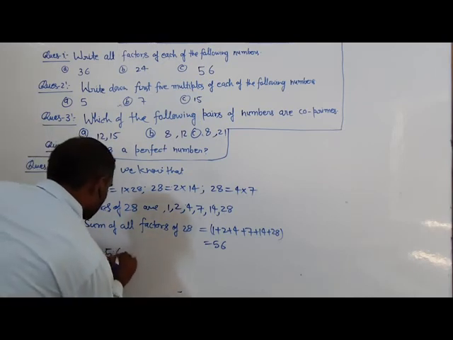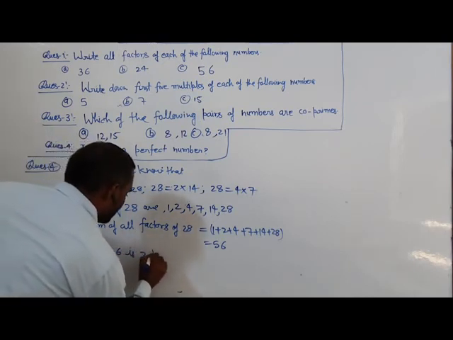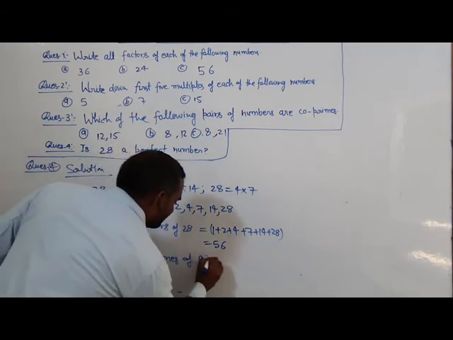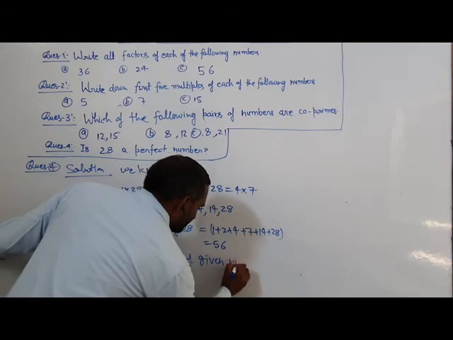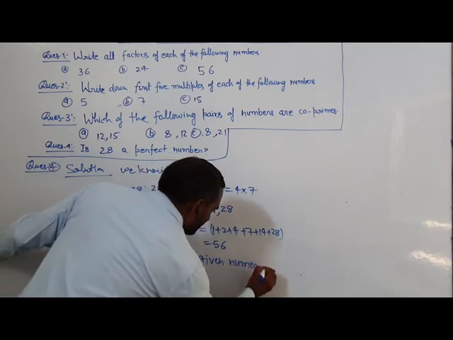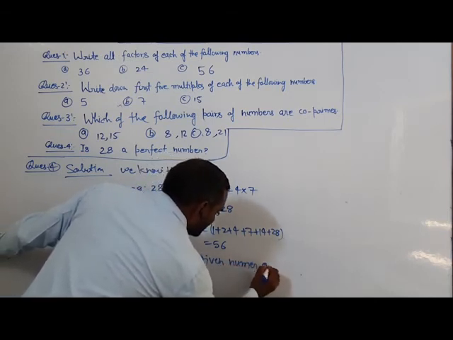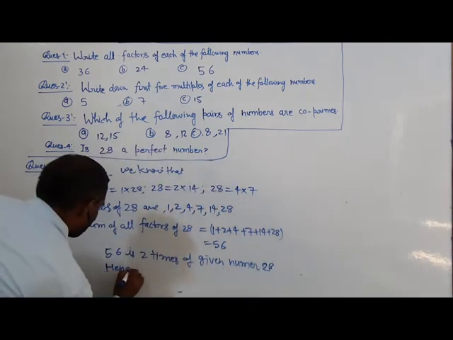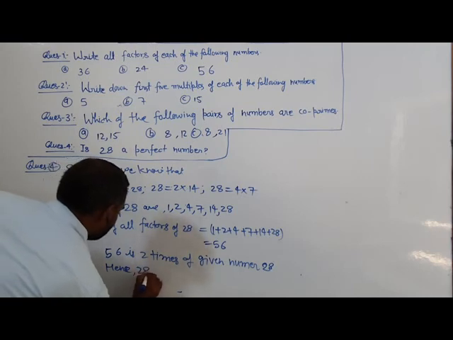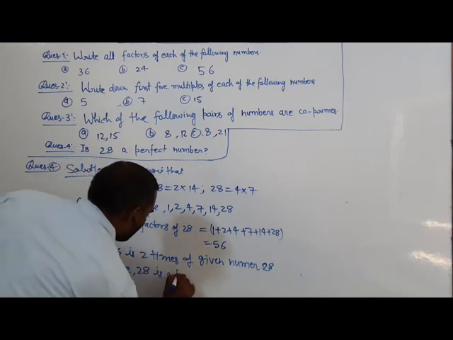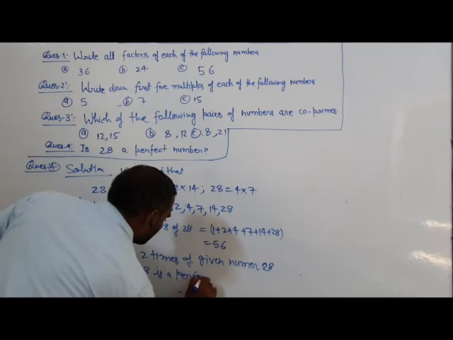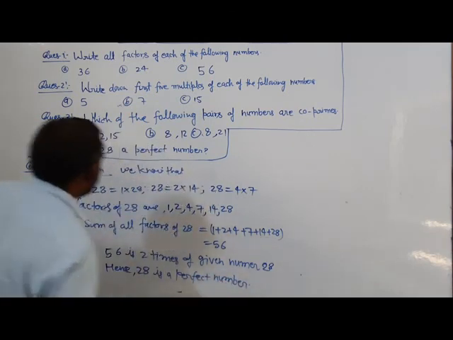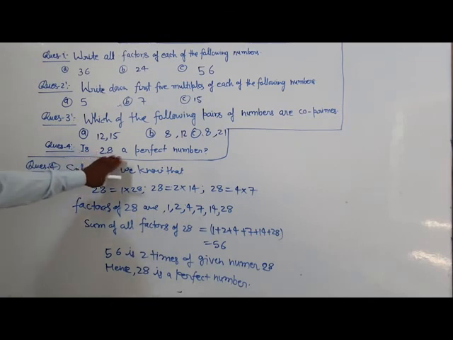And 56 is 2 times of the given number 28. Hence 28 is a perfect number.